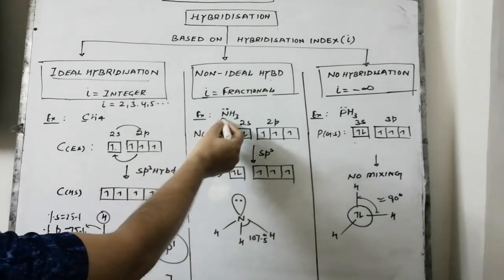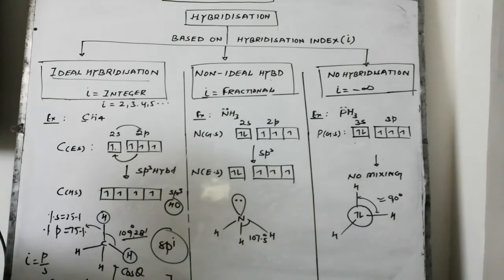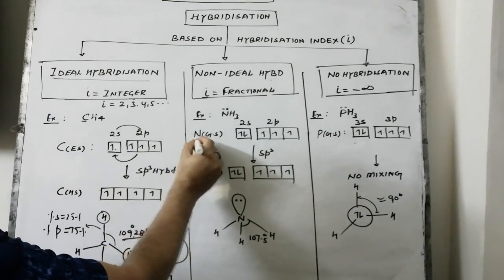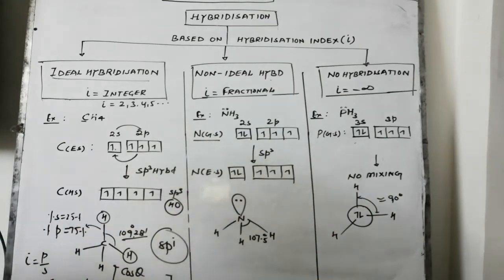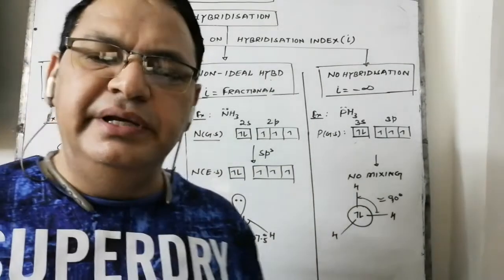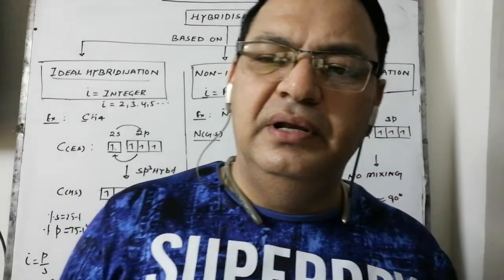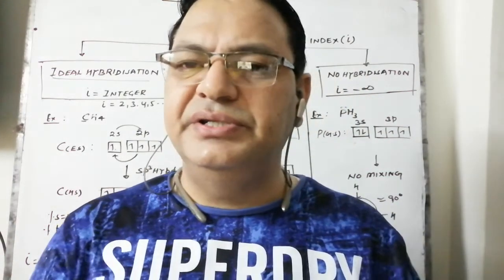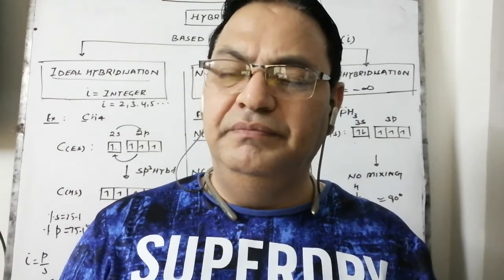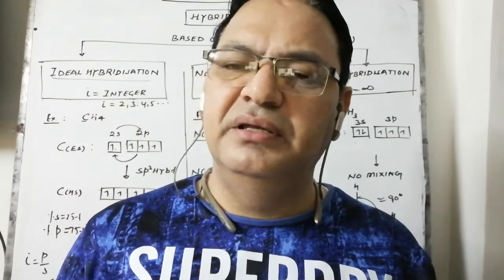For example, I am taking here the case of ammonia. In the ground state, the electronic configuration is 2s2 and 2p3. In case of ammonia, as the s orbital is already having 2 electrons, it is not at all interested in forming the bond.